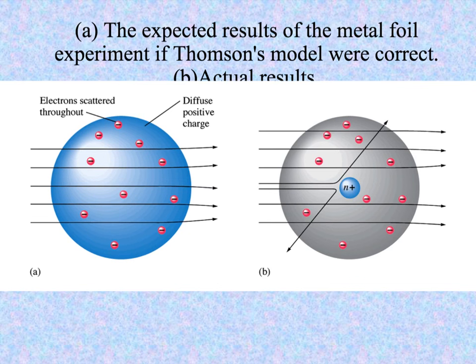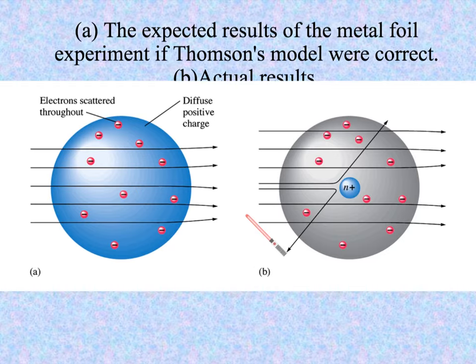So now we have a comparison between the results of Rutherford's experiment if Thomson's theory was correct, and then what actually happened. So let's take a look here. If Thomson's theory was correct, see how all these alpha particles would have passed straight through.